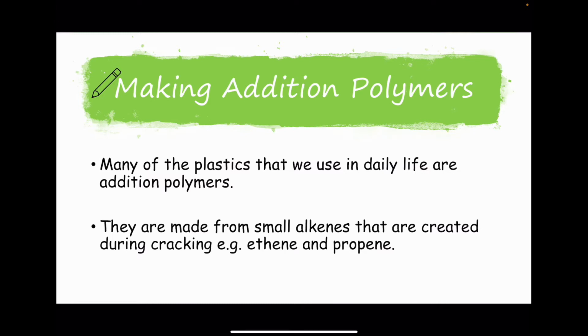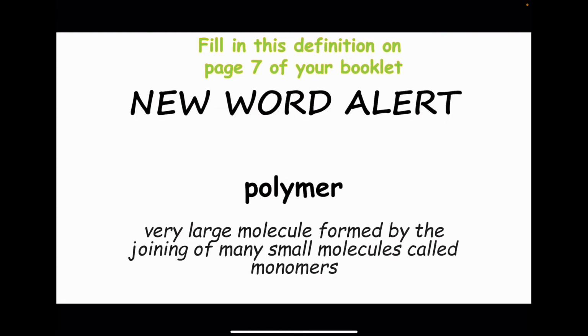And we just learned that cracking is when we take larger, less useful hydrocarbons and we break them into smaller parts. And every time we break up a larger hydrocarbon into smaller, more useful parts, at least one of the products that we get will be an alkene, something with a carbon-to-carbon double bond, and therefore able to react.